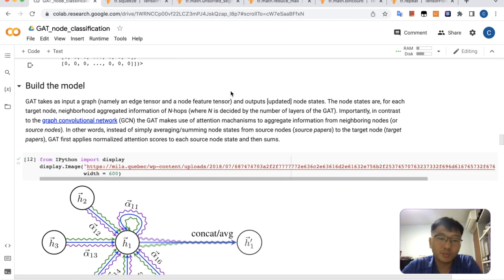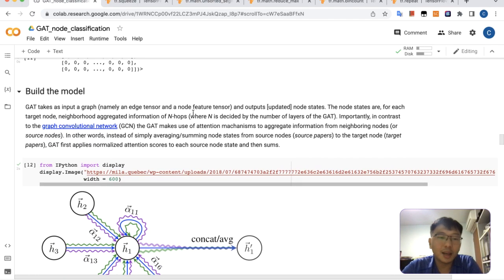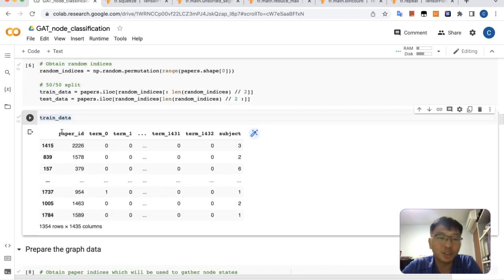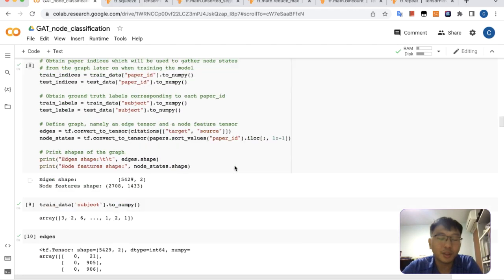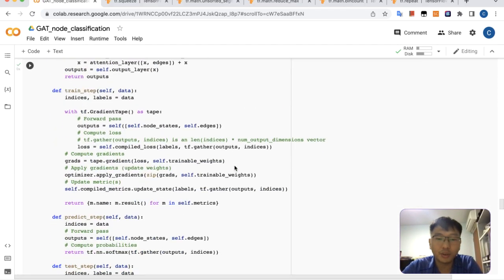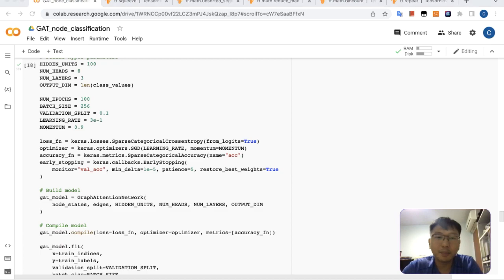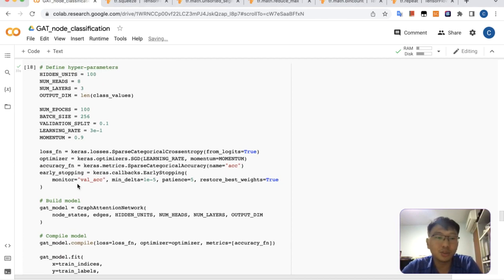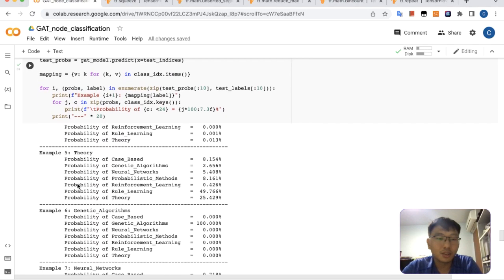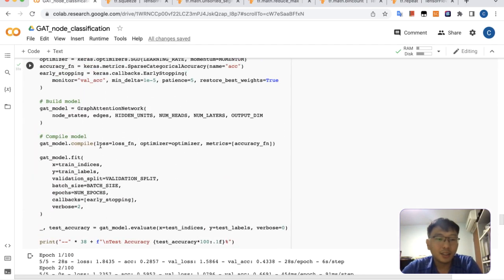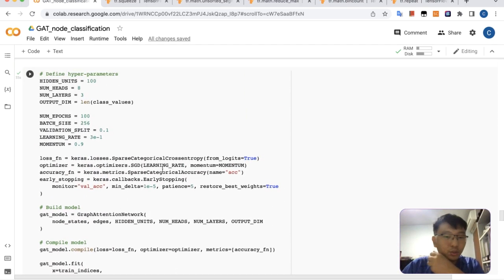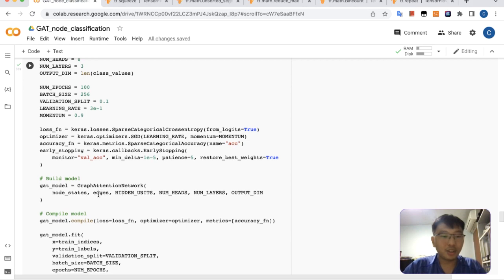But I remember that if you just use these hidden features without the graph, it doesn't do that well. So there might be some linkages to the graph, because papers that are similar tend to cite each other. So there could be some use for that. So it's about 78.5%. Now what I want to do is basically take away the edges.